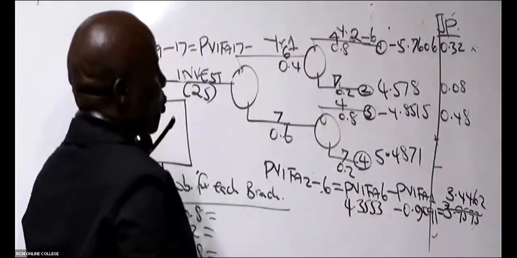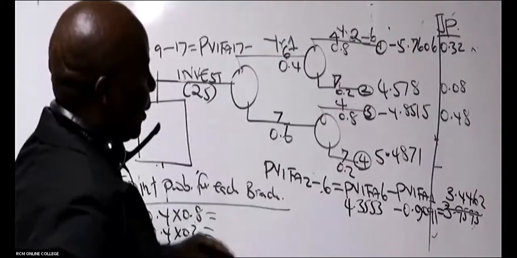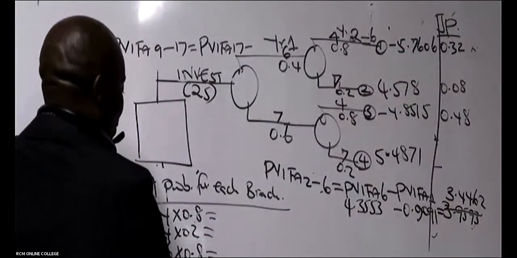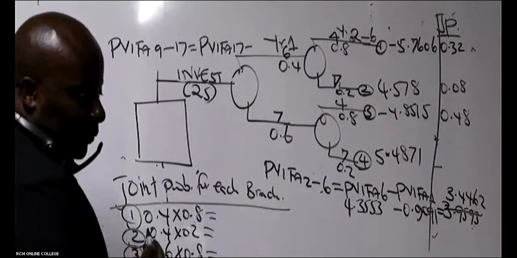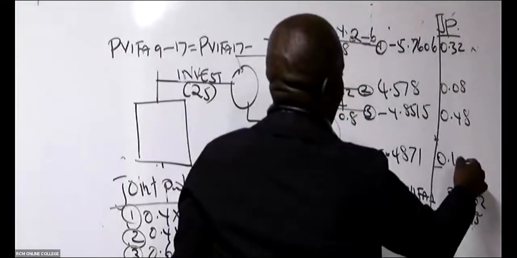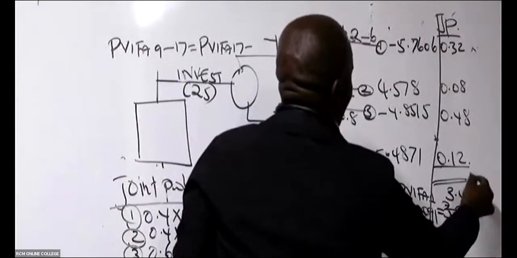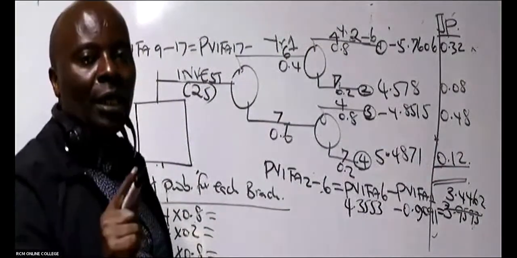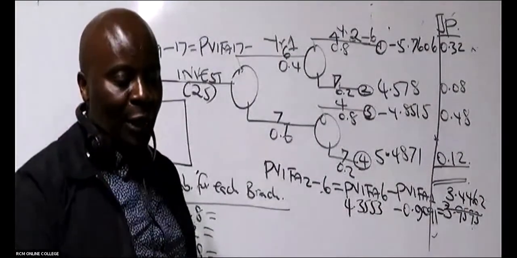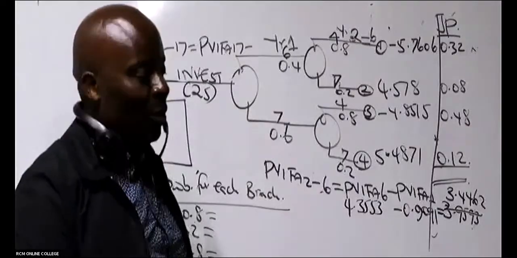And then the last branch, number 4, is 0.6 times 0.2, which gives 0.12. Remember, the total of the joint probabilities must always be 1 if you add all of them.